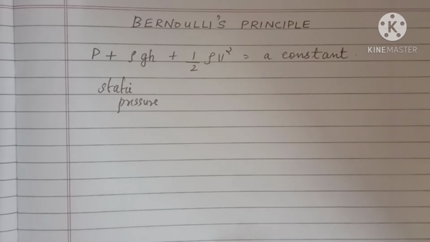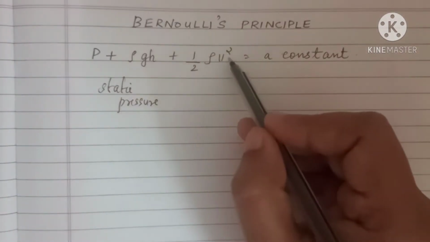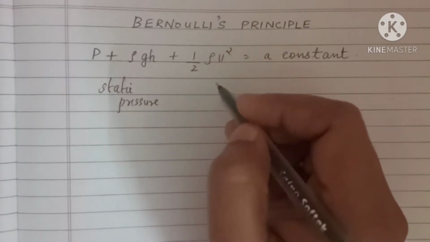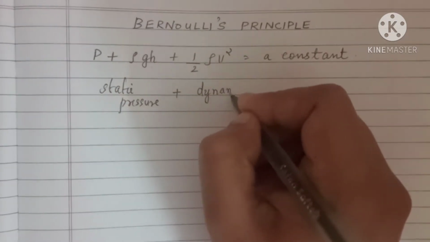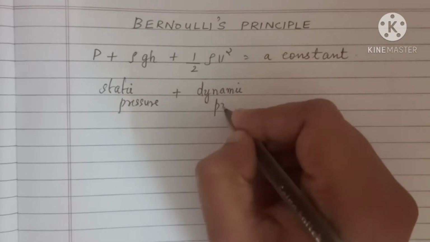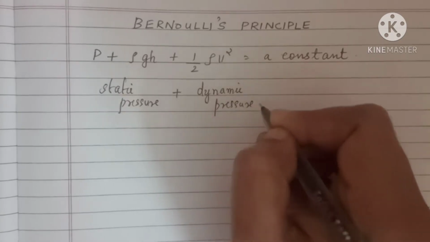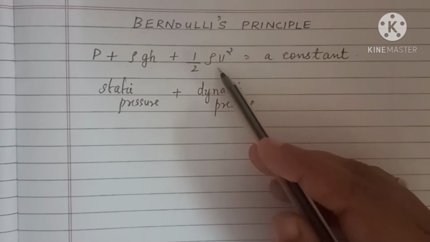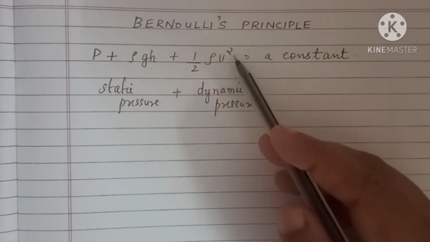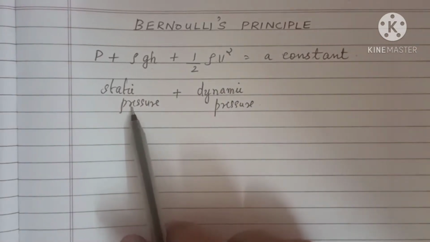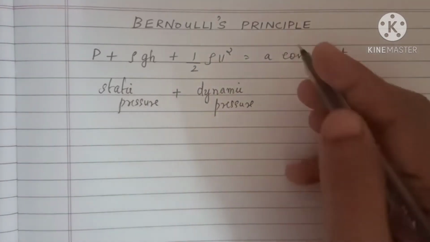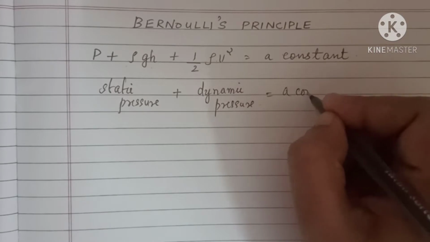The term half rho v squared, which includes velocity, is called the dynamic pressure, meaning the fluid is flowing with the velocity v. So Bernoulli's equation can be written as: static pressure plus dynamic pressure is a constant.